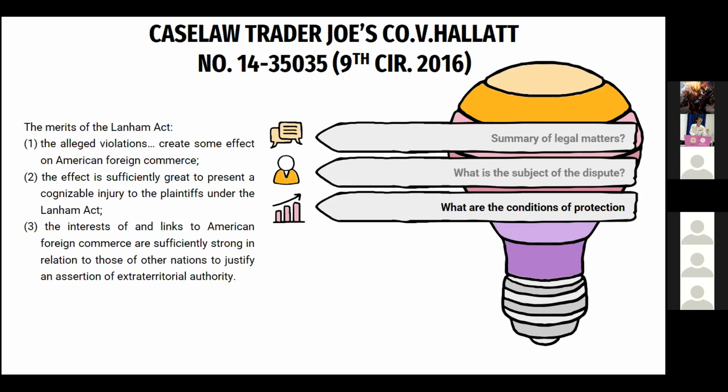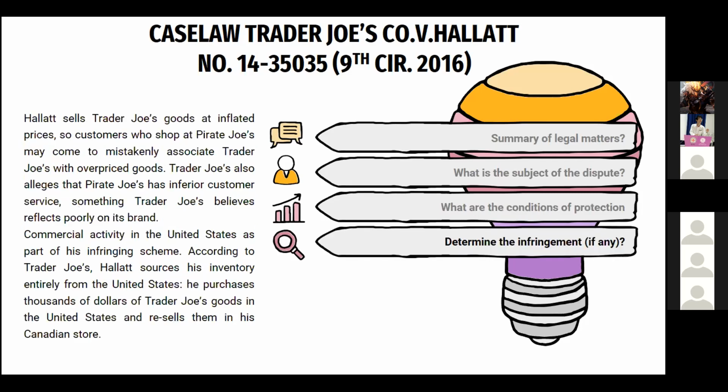So we determine the infringement, and Trader Joe's Highland conducted commercial activity in the United States as part of the infringement scheme. According to the sources, his inventory entitlement came from the United States, where he purchased the goods. His operation may assist parties in the U.S. Applying the Lanham Act to the foreign conduct of a permanent resident alien who resides in and runs a business in the United States.